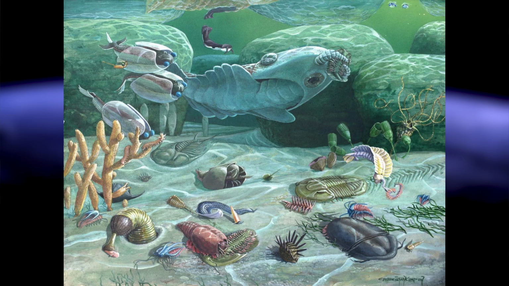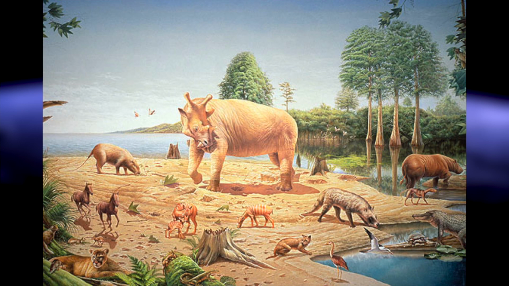Mesozoic means middle life. The term is from the Greek prefix meso, meaning between, and zoon, meaning animal or living being. It is one of the three geological eras of the Phanerozoic eon, preceded by the Paleozoic, that is ancient life, and succeeded by the Cenozoic, that is new life.